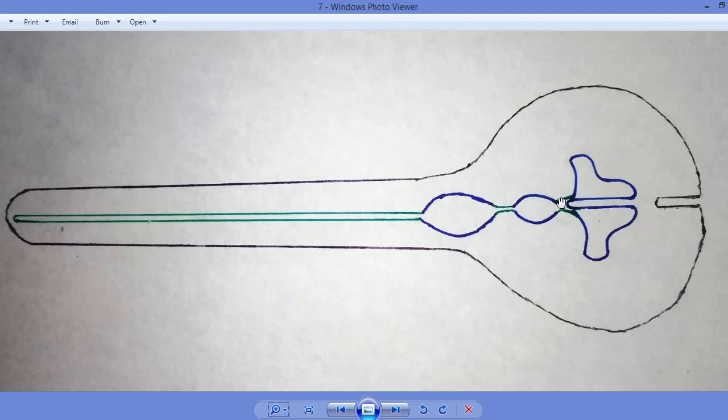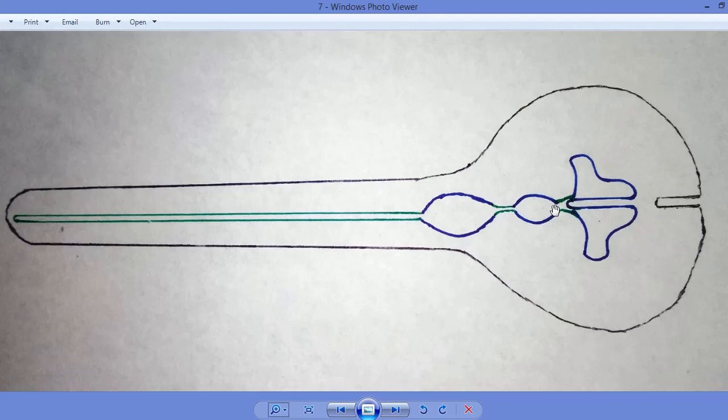The lateral ventricles are connected with the third ventricle with the help of a pathway. I have made this pathway in green color. This green pathway connects the right ventricle with the third ventricle and the left ventricle with the third ventricle.